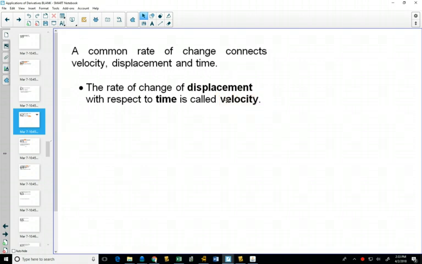And so a common rate of change connects velocity, displacement, and time, right? If you travel 100 kilometers in 1 hour, then your average speed is 100 kilometers per hour.